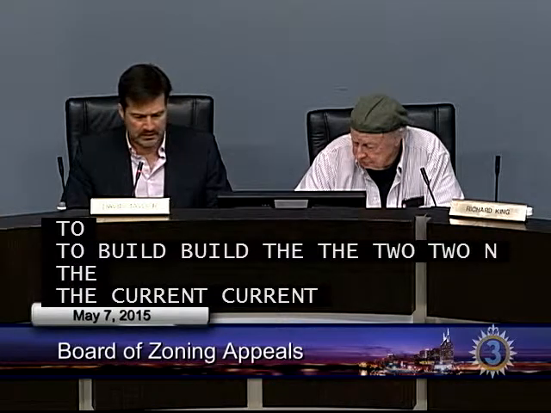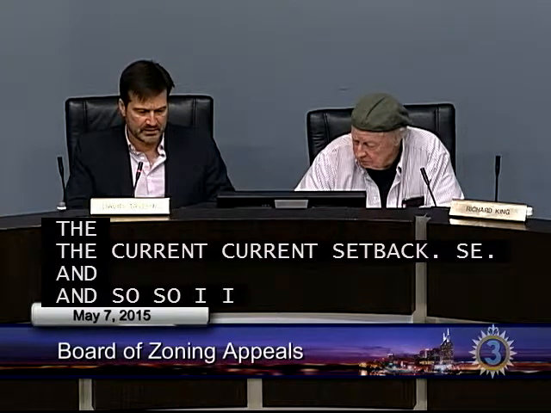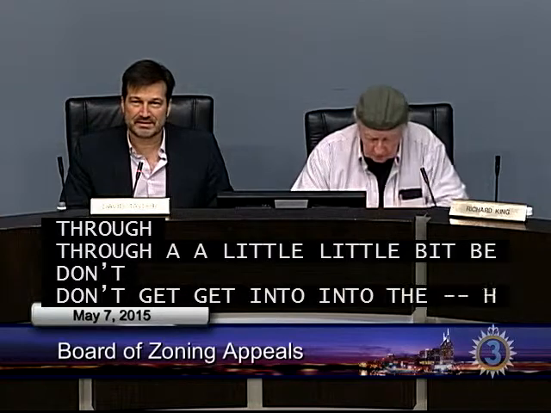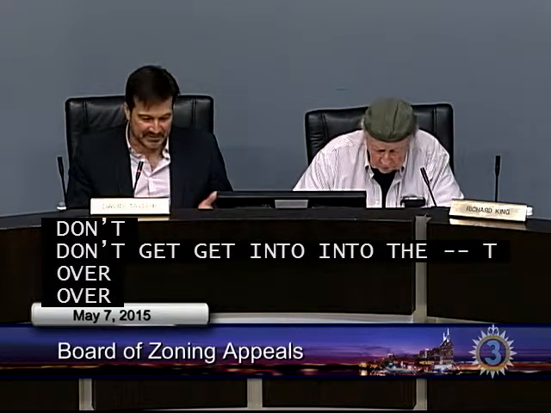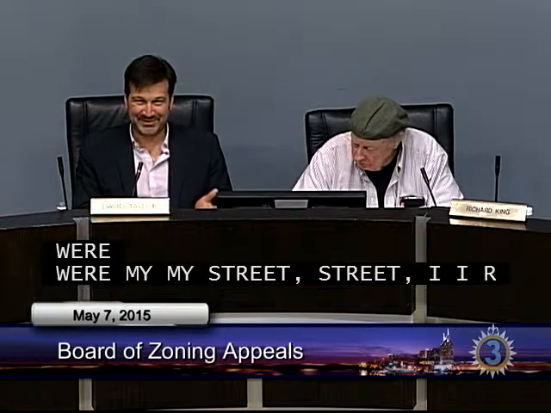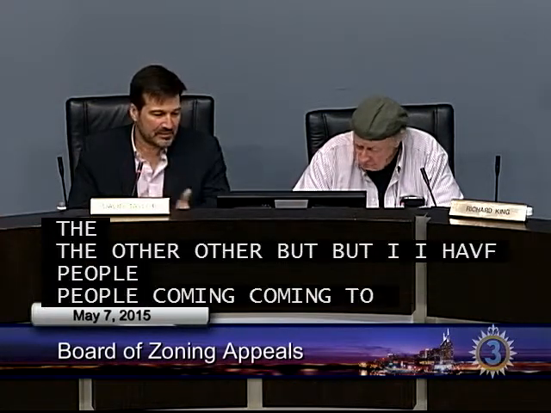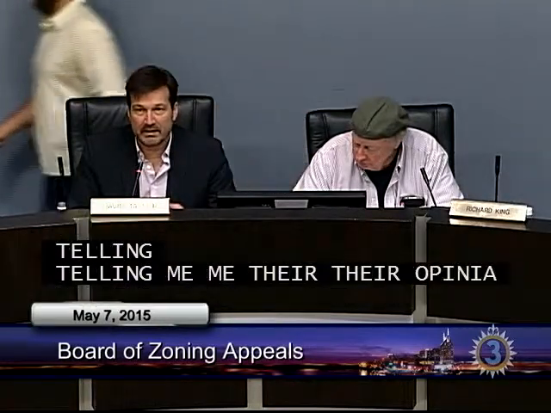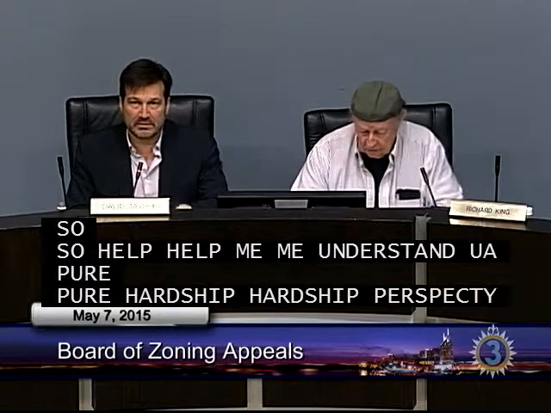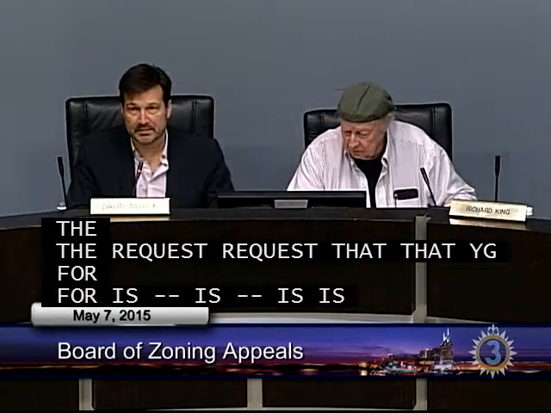I want to talk that through a little bit more so that we don't get into the argument over aesthetics, because if it were my street, I might prefer one of the two versions versus the other, but I have a lot of people who live on the street coming to tell me their opinion in a minute. So help me understand it from a pure hardship perspective, why the request that you're asking for is something we should consider when you have another option.